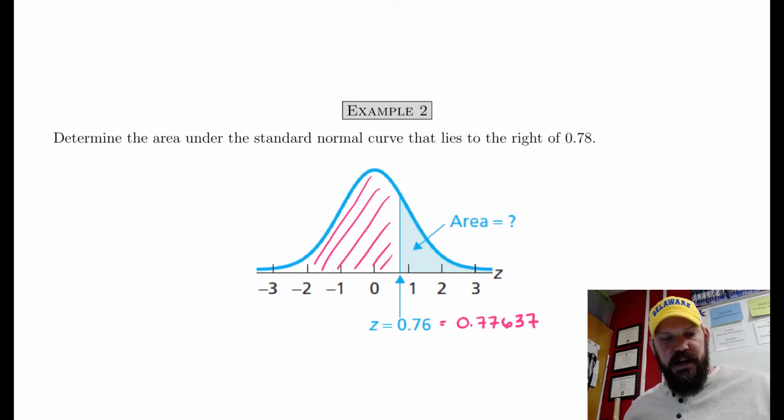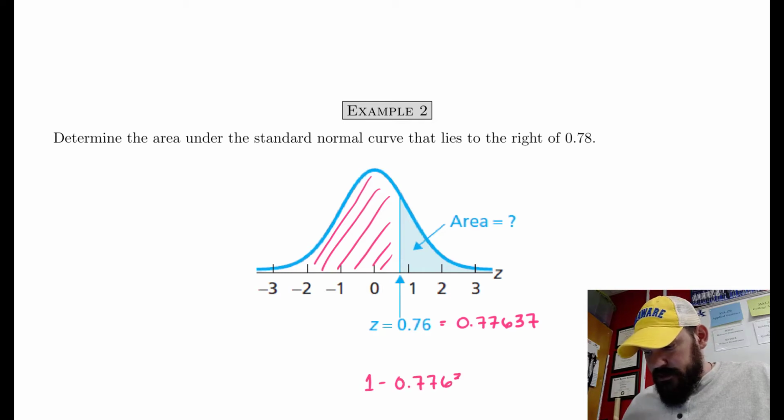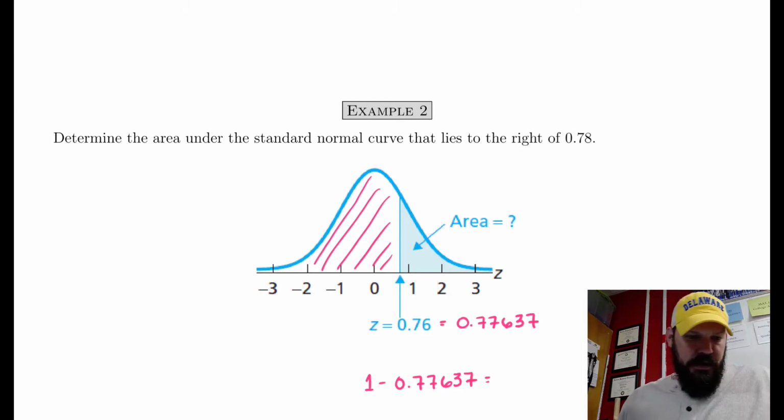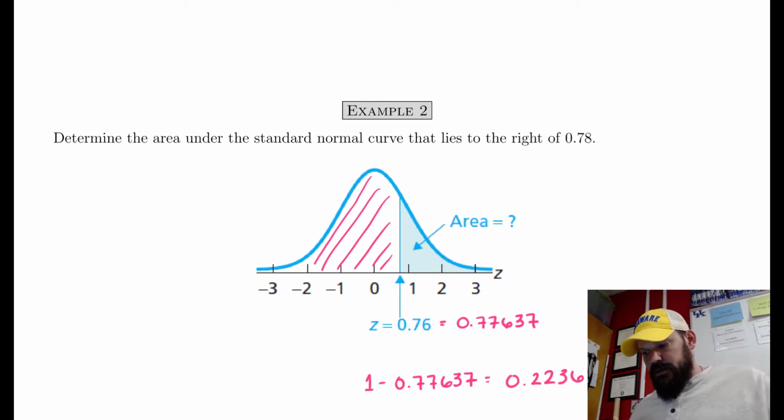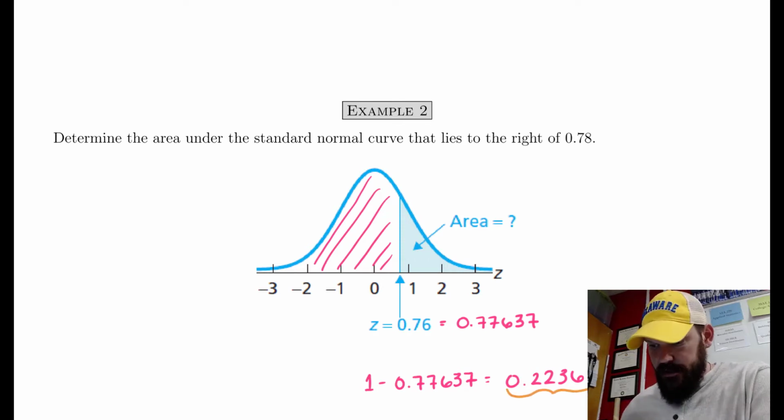We want what's lying to the right of the value. So we just do 1 minus 0.77637, and let me type that in. We get 0.22363. So the area that lies to the right of 0.76 is 0.22363.